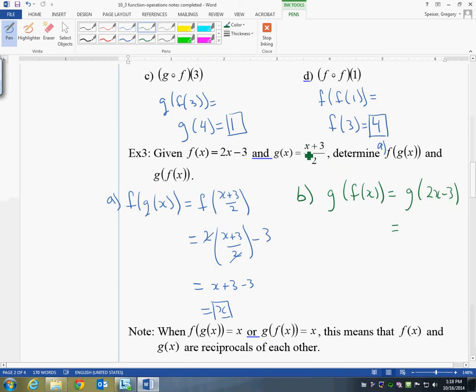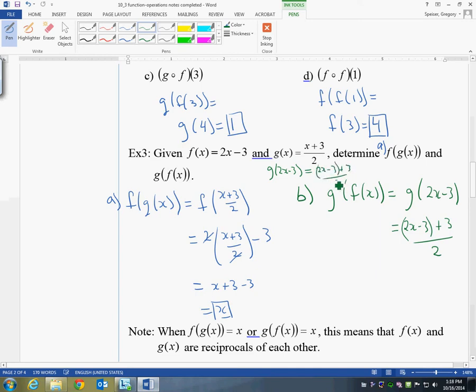So it'll be (2x minus 3 plus 3) over 2. As a reminder, g of 2x minus 3 is equal to 2x minus 3 plus 3 all over 2, wherever I see that x.